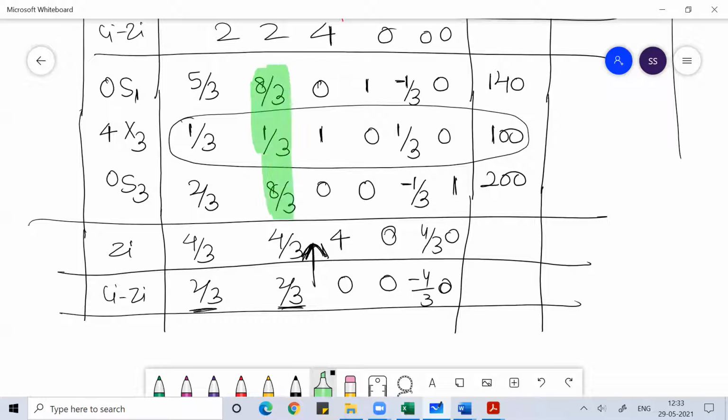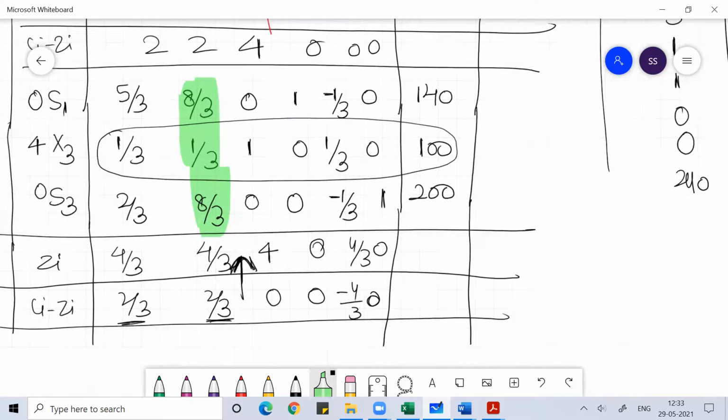If x2 enters the solution, then theta for this would be 140 divided by 8 by 3. So 140 by 8 by 3 is 420 by 8, which means 105 by 2, which is 52.5.